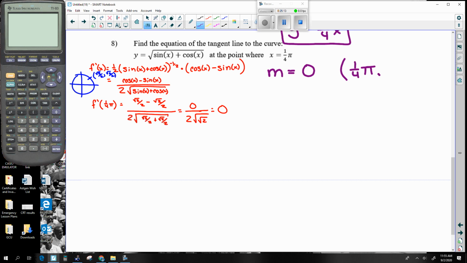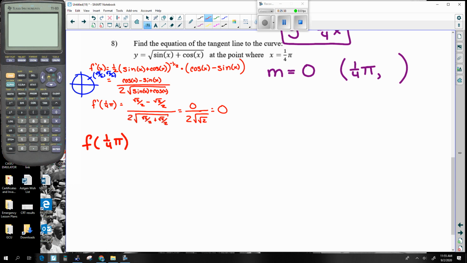But the problem is I currently don't have a y coordinate of that point. So I need to do a little bit of work. Where do I go to find a regular y? I go to the regular original equation and make my x 1/4 pi.